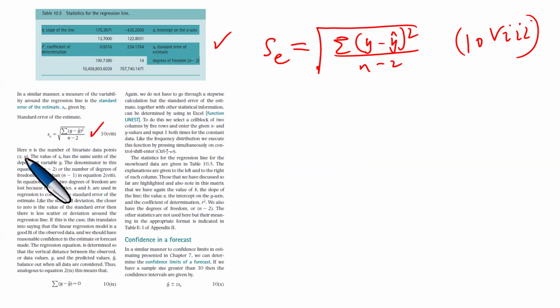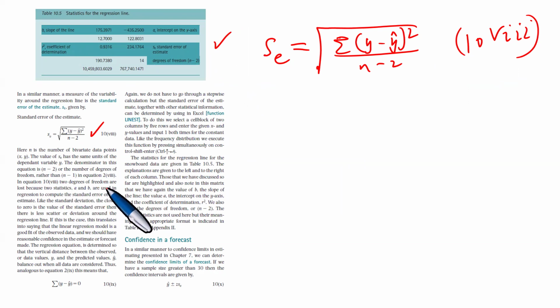Here n is the number of bivariate data points x and y. The value of S has the same units as the dependent variable y. The denominator in this equation is n minus 2, or the number of degrees of freedom, rather than n minus 1 as in the earlier equation.